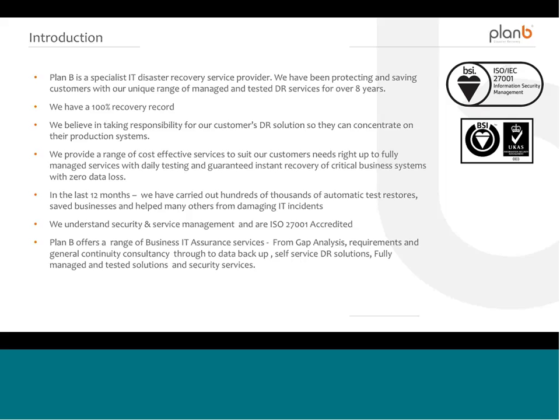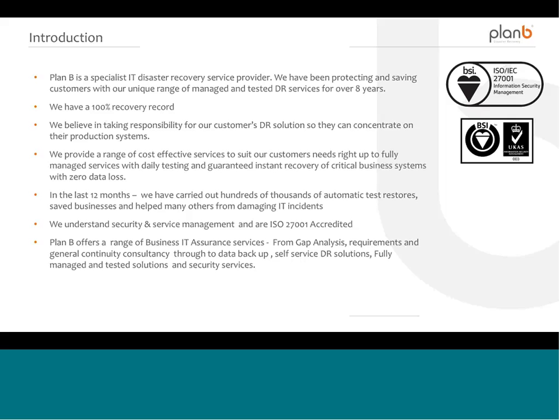We fundamentally understand about security and service management, and we are accredited to the latest ISO standard for information security management. Obviously, that's vitally important if you're trusting another organization to hold your data and look after it.